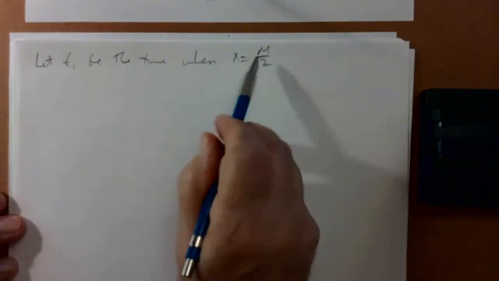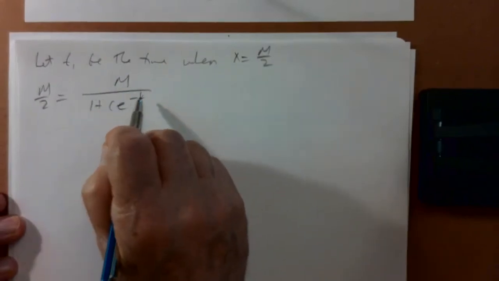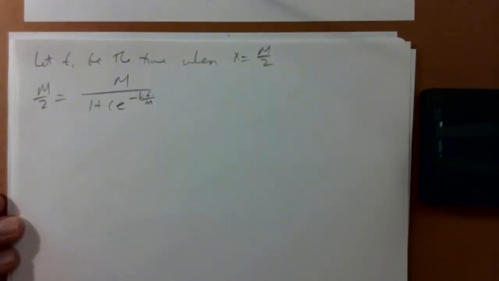So let's see if we can use that to calculate the constant c. We get m over 2 is equal to m over 1 plus c e to the minus k t1 over m.